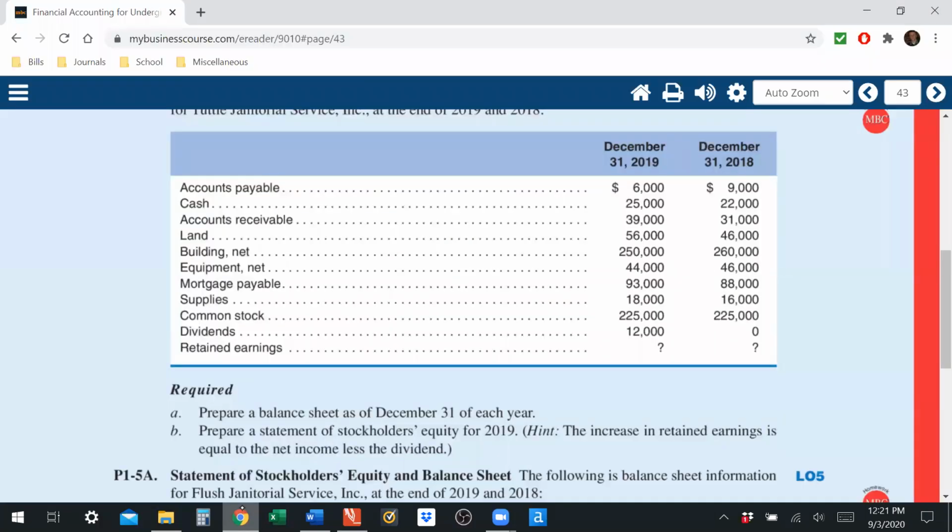Next asset in order of liquidity, and they've already put them in the order for you. Accounts payable is not an asset, by the way. Anything that says payable means the company owes that. It's a liability. So cash is the first asset, then accounts receivable.